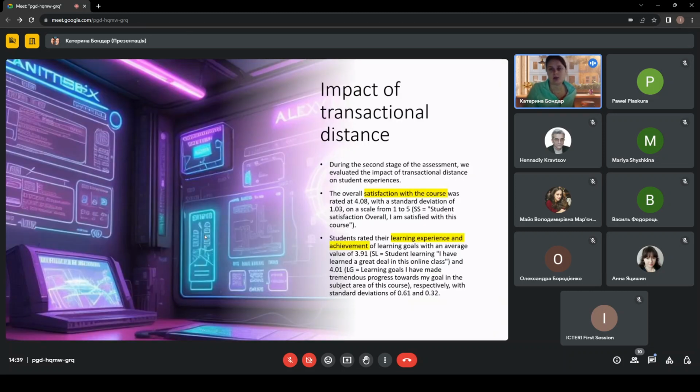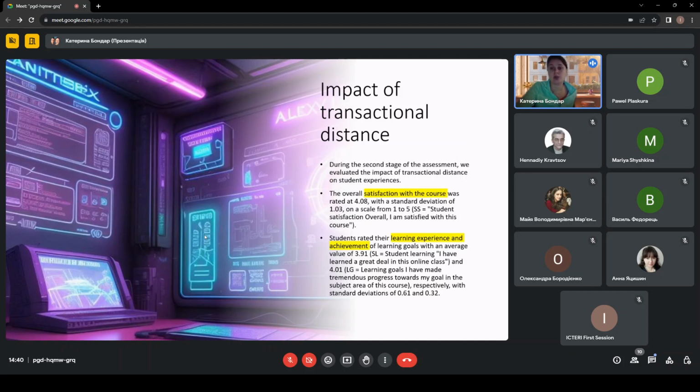That is why we use the transactional distance survey twice, in a midterm survey and at the end of our course, to analyze how our course satisfaction changed.